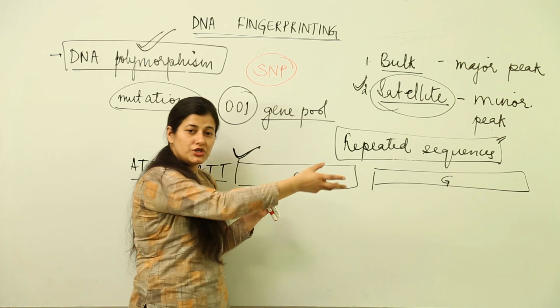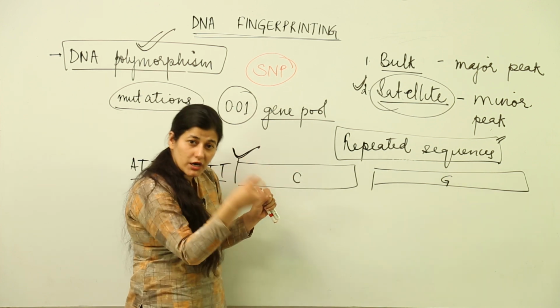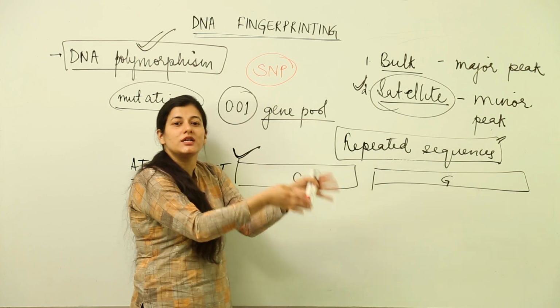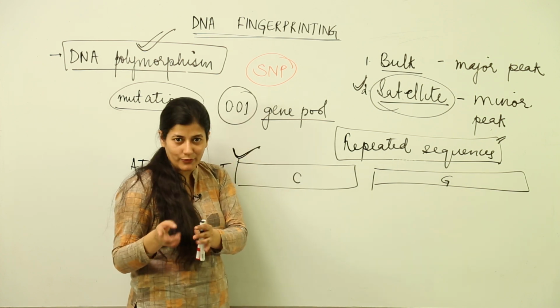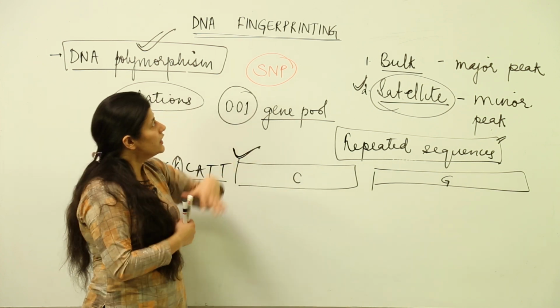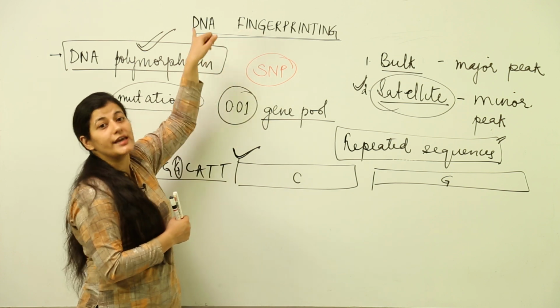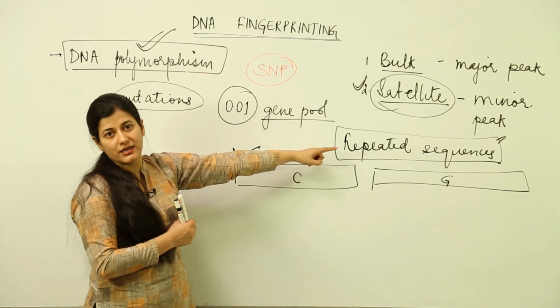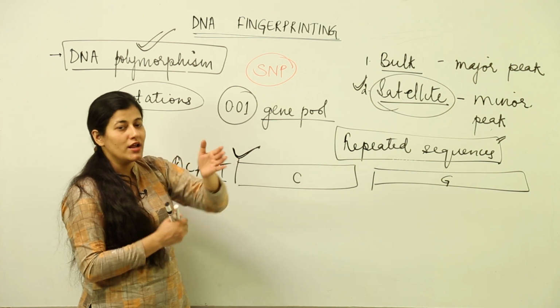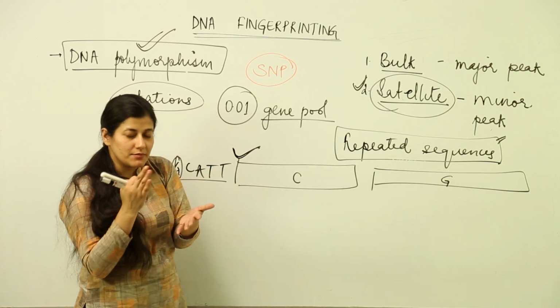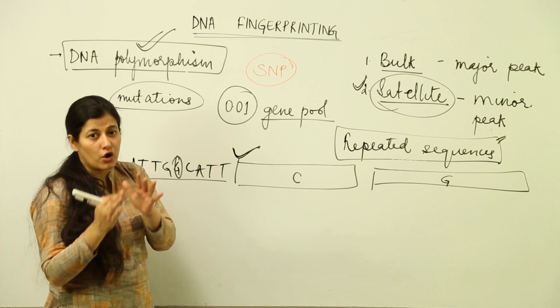He or she would have inherited it from his or her parents, and that would be totally different from what your parents gave you. So in a way, you get to think that fingerprinting of DNA content of repeated sequences will make sure whether there is some similarity at the genetic level or not.